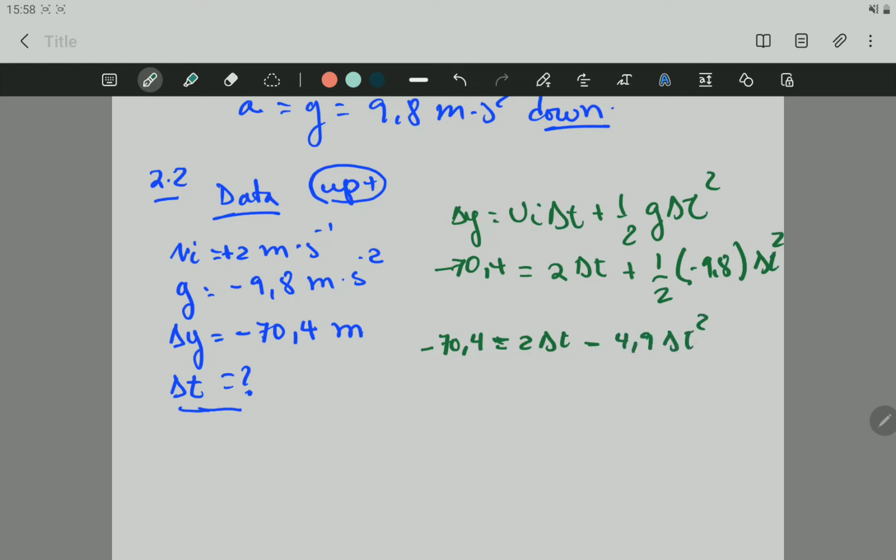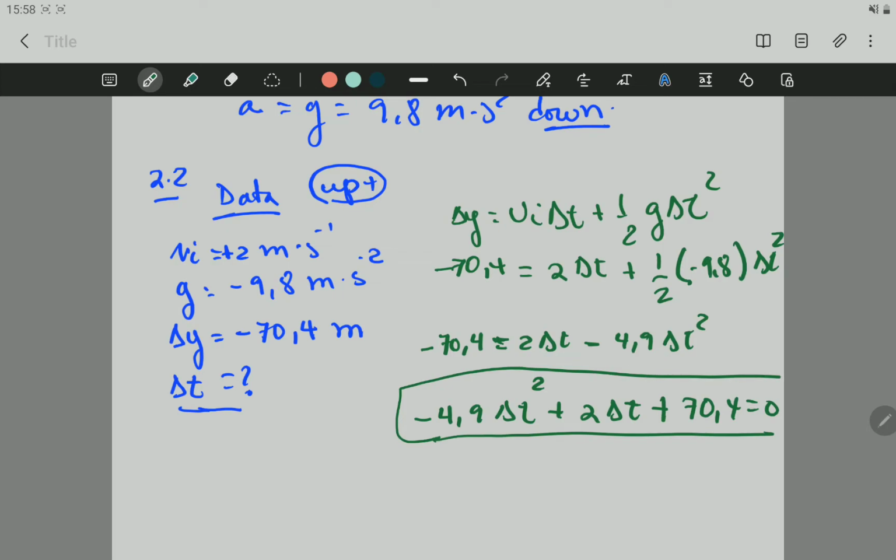Let's rearrange this. We have minus 4,9 time squared plus 2 multiplied by the time, and the minus, which is going to the other side positive, 70,4 is equal to 0. Now we have here a quadratic equation.